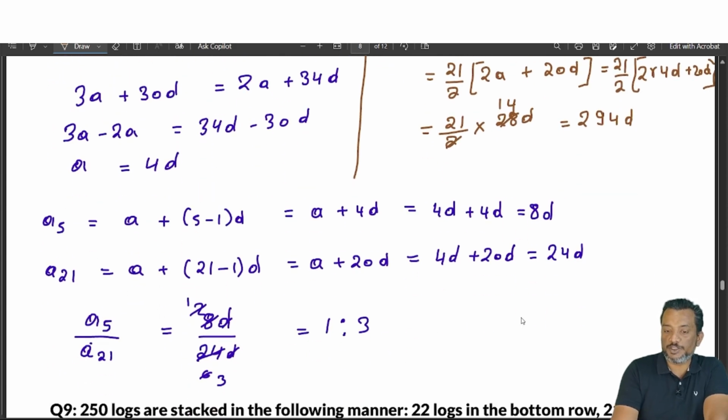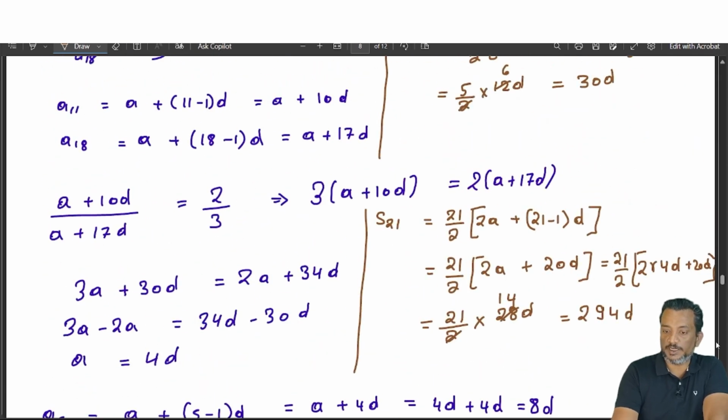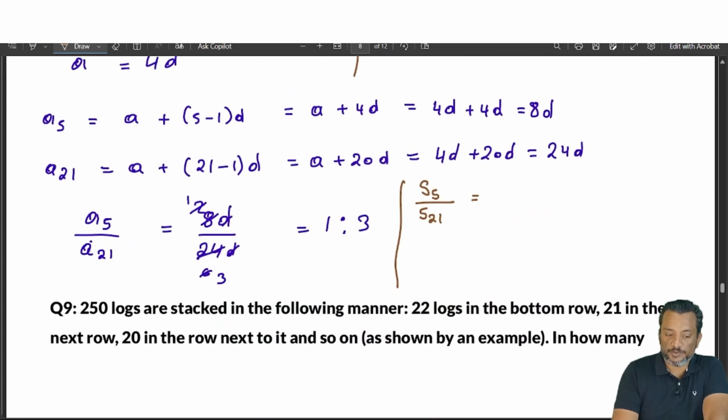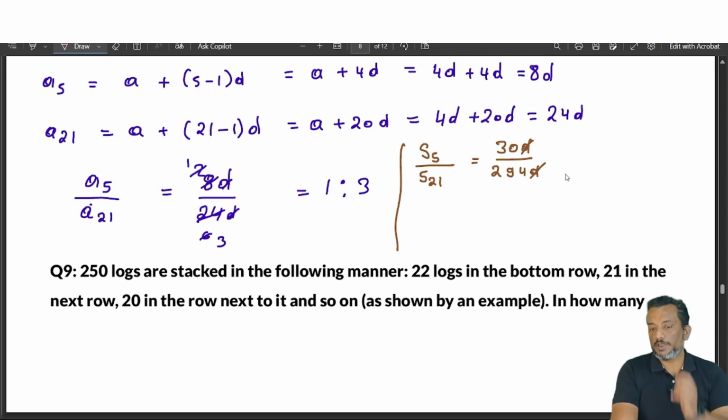Now it is saying ratio, so let's say the ratio of S5 over S21. You have got S5 as 30d and S21 as 294d, so 30d over 294d. Okay, d gets cancelled. Now you can see any common factors between these two.